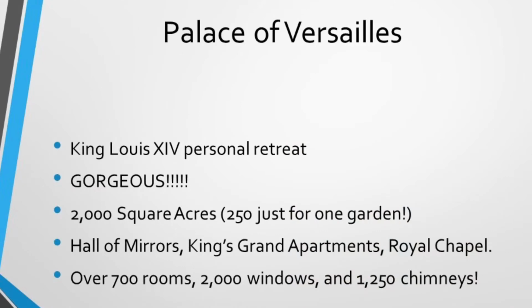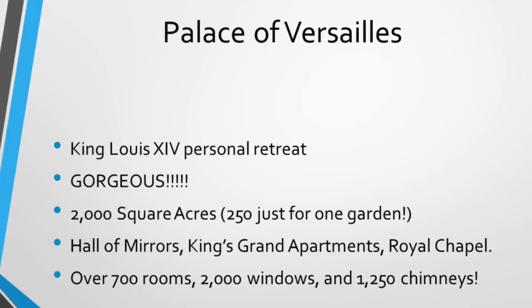The Palace of Versailles was King Louis XIV's personal retreat. It was kind of like a hunting cabin, and it's going to be a hunting cabin on steroids. This thing is monstrous, but it is going to be amazing. It covers about 2,000 square acres. Some of the notable things that are there are the Hall of Mirrors, the King's Grand Apartment, and also the Royal Chapel, which I'll show you pictures of.